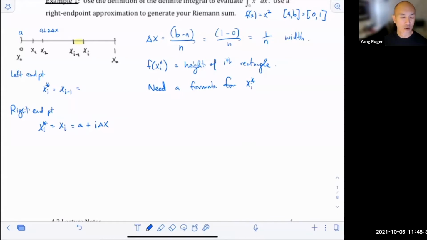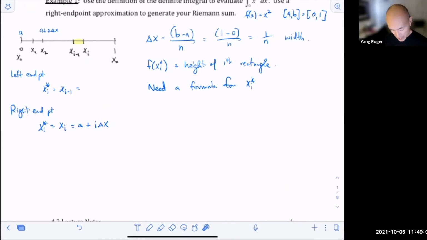Are there any questions about this so far? So just to be perfectly clear, for x0, I'm adding 0 delta x's. For x1, I'm adding 1 delta x. For x2, I'm adding 2 delta x's. For xi, I add I delta x's.